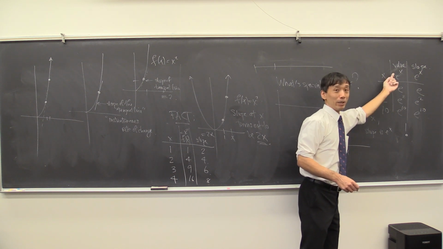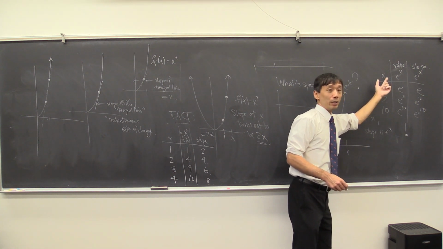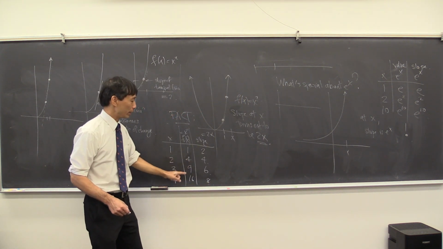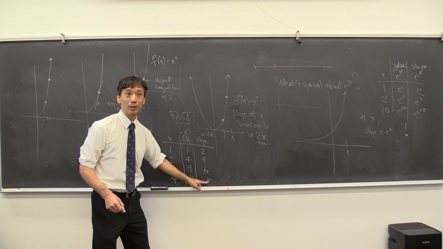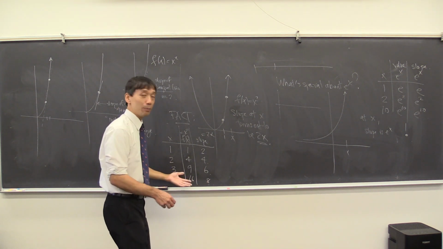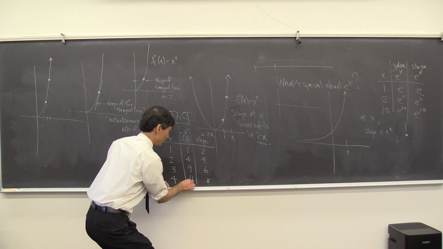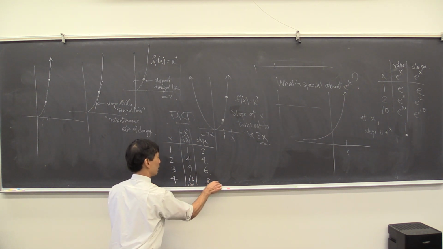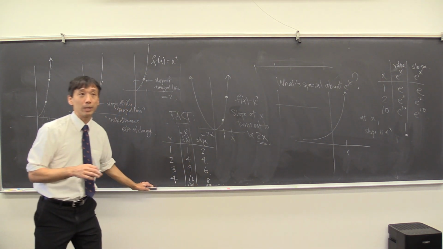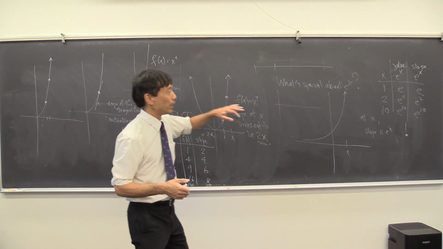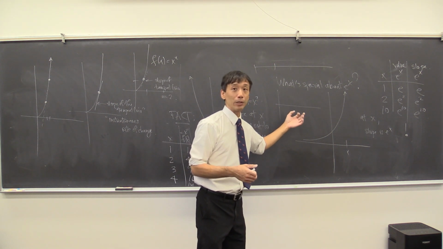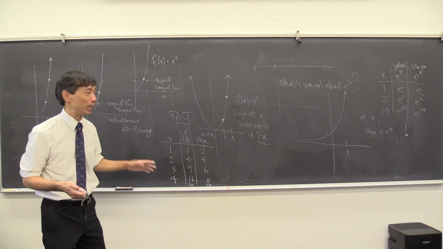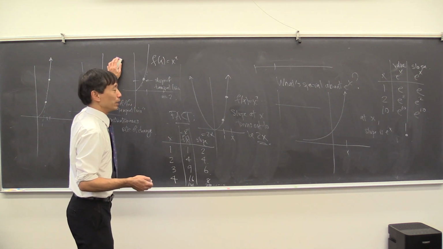This x squared car, on the other hand, when you're at 16, you're going 8 miles an hour, and so on. So it's this weird kind of car where the velocity actually equals the value of the function. That's what's special about the exponential function.